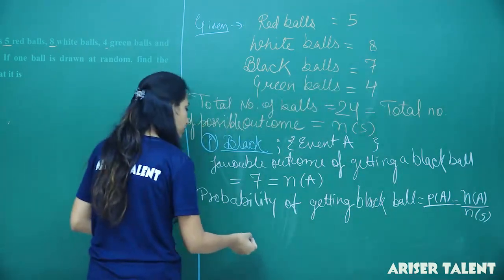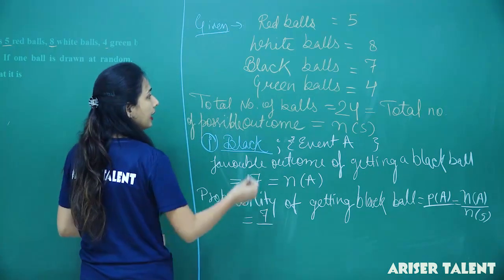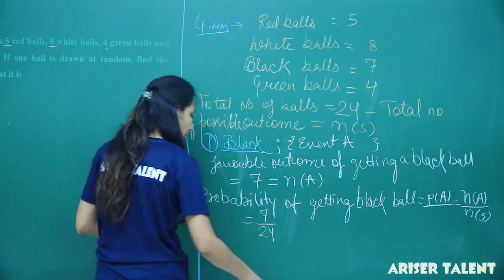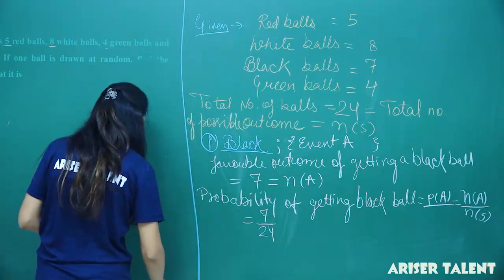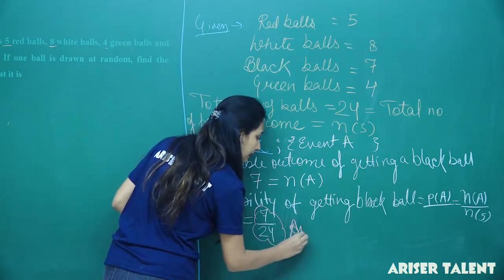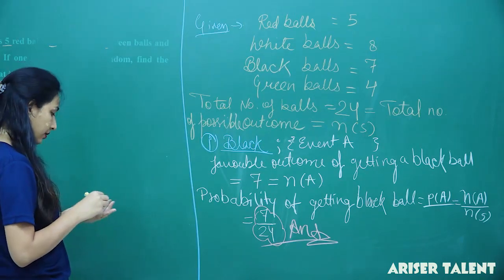And that will be equals to what, students? 7 is NA and 24. This is what your answer. This is your answer number 1. Now student, this is about the black one.